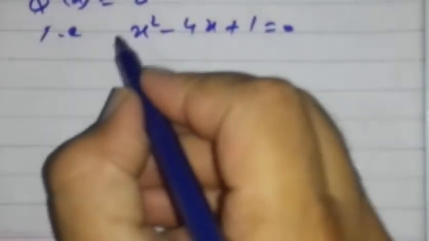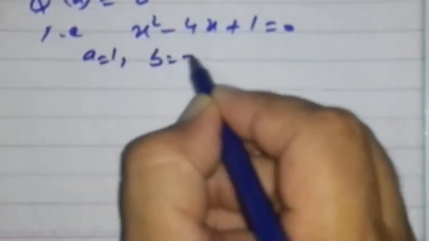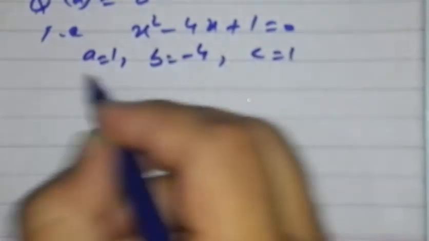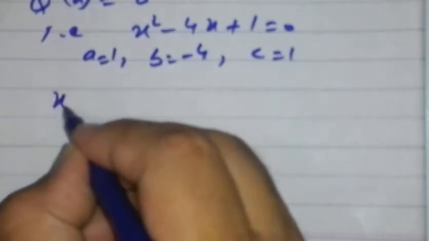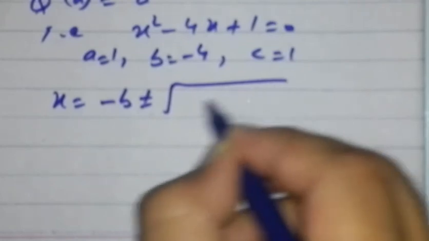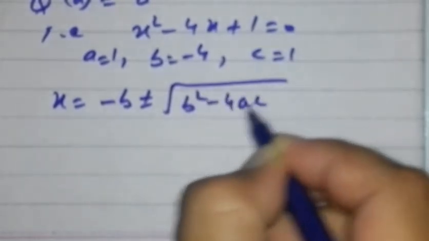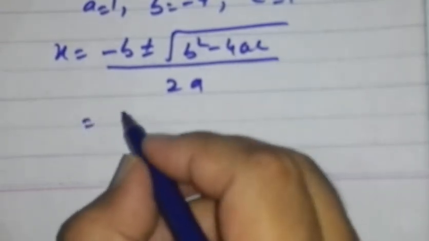Using quadratic equation, here the a value is 1, the b value is minus 4, the c value is 1, using quadratic formula, which is x equals to minus b plus minus under the root b square minus 4ac whole divided by 2a. Put the values here.